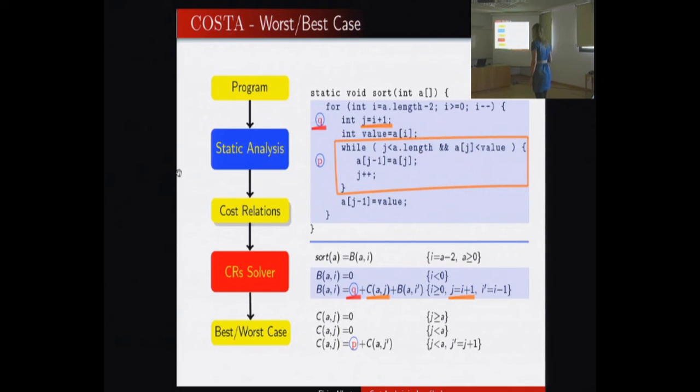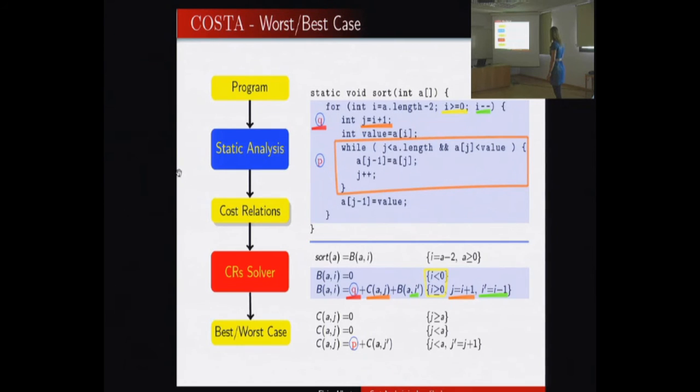And as before, we have to produce the constraints here, which tell me how the sizes of variables change along the execution. And this is done by means of a size analysis, which looks at the instructions. We have here that j is equal to i plus 1. We have here this i minus 1, which is translated into this constraint here. The value of variable i is increased.